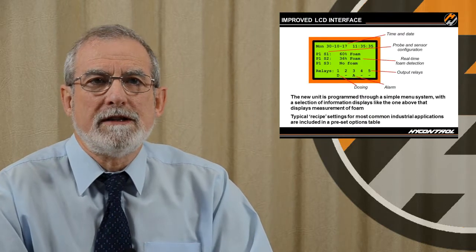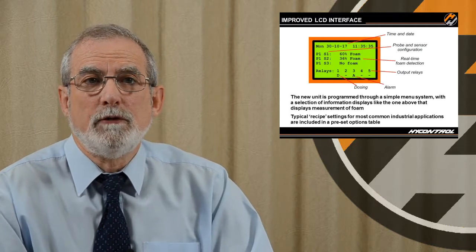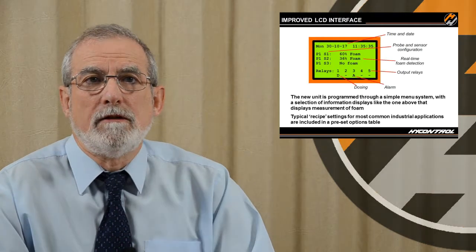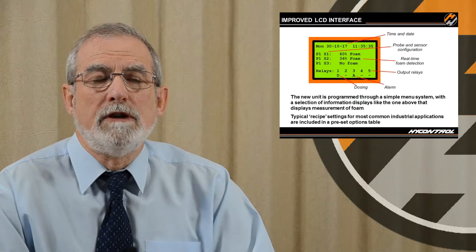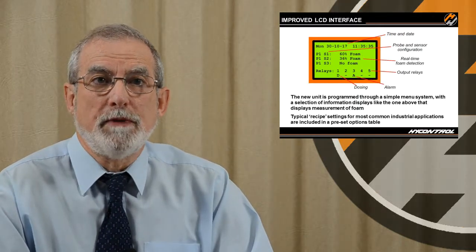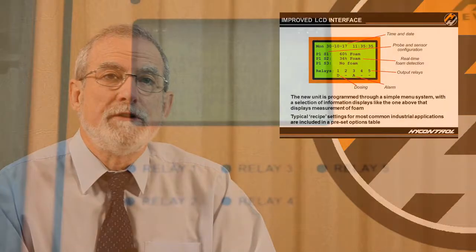In this situation, relay 1 has been configured to dose antifoam. Relay 3 has been configured as an alarm. And along the top of the screen we can see the time and date. So we get real-time information about each of the measuring points on the screen at any one time, and that's quite useful, you can see what's going on.